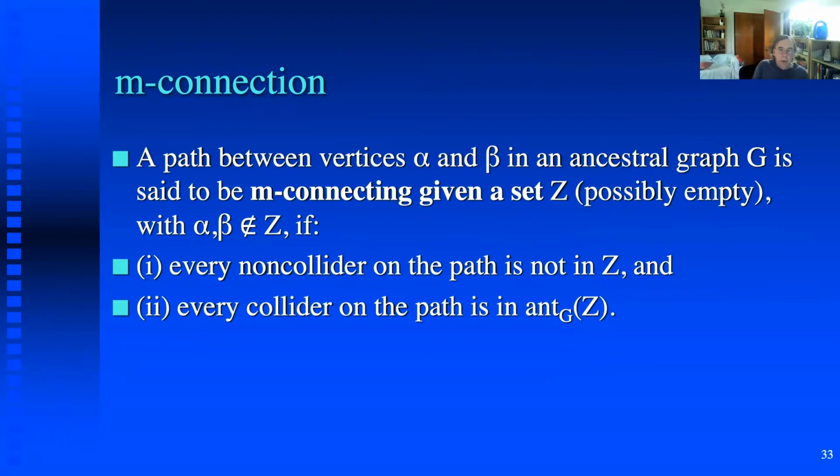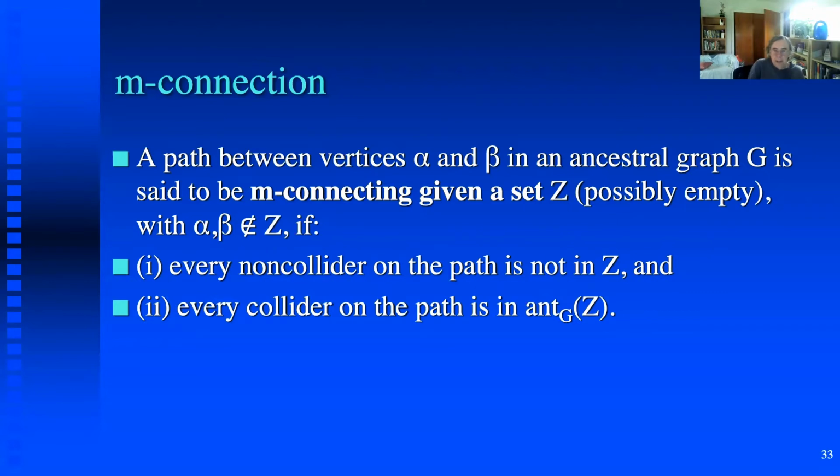A path between a pair of vertices in an ancestral graph is said to be M-connecting, given a set Z, possibly empty, if every non-collider on the path is not in Z, and every collider on the path is anterior to Z. That is, there's a path from X to Z where none of the edges points towards X.